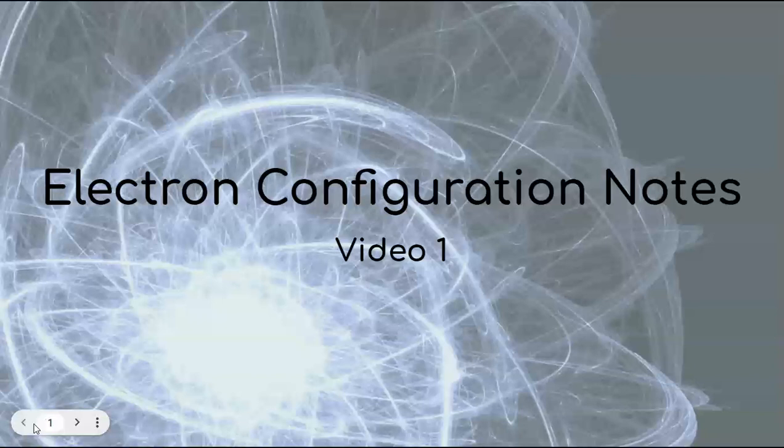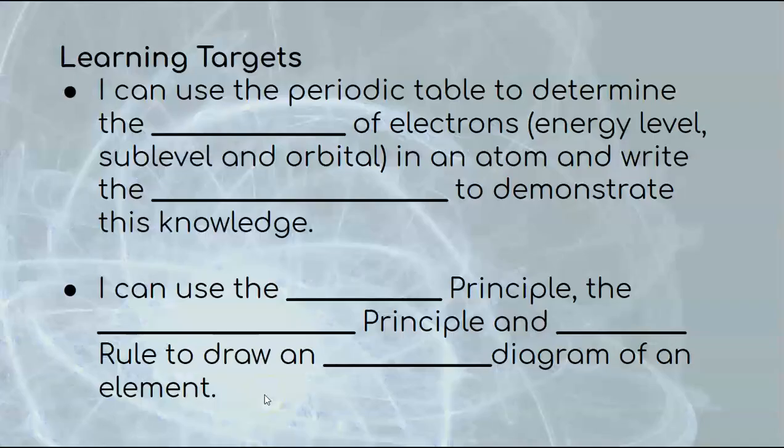This is the first video. There will be two videos covering this topic. The two learning targets that we will be focusing on today are: I can use the periodic table to determine the location of electrons.